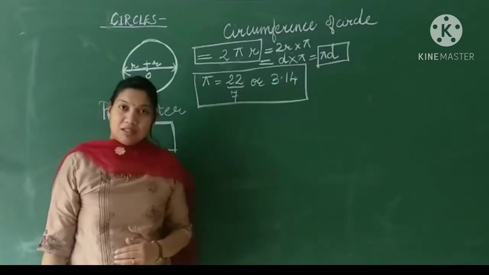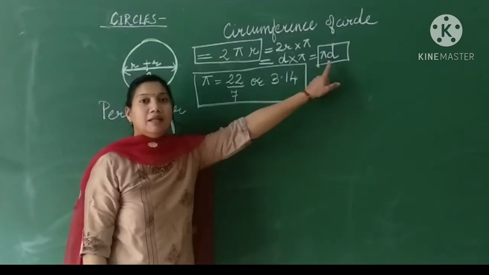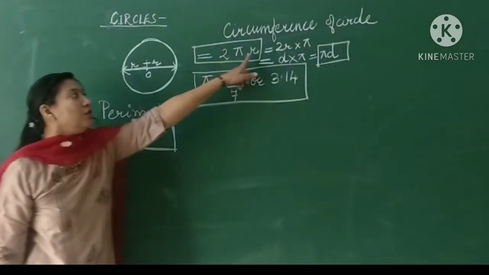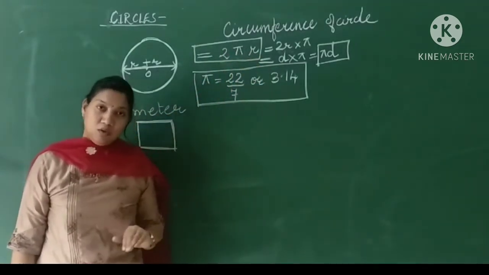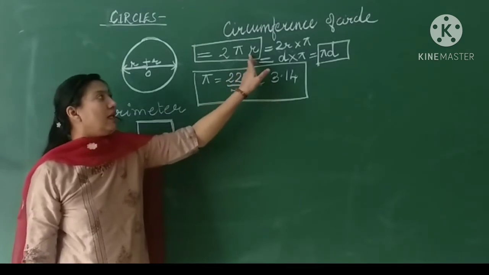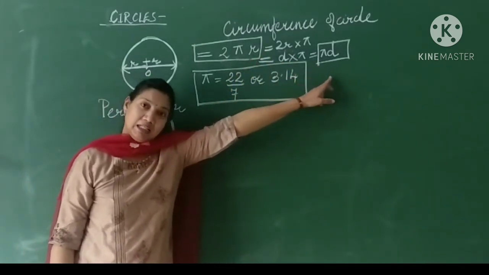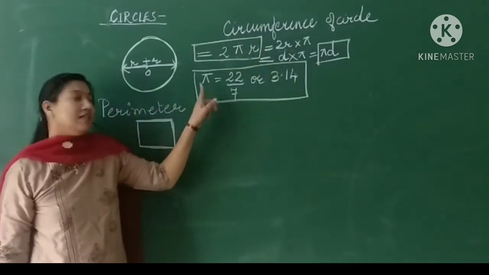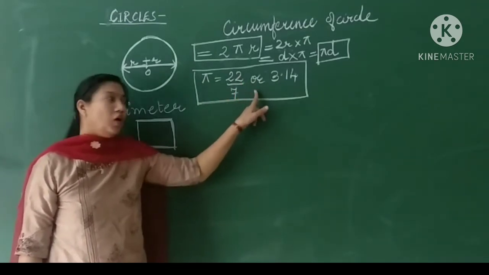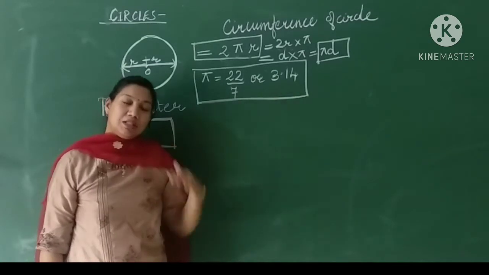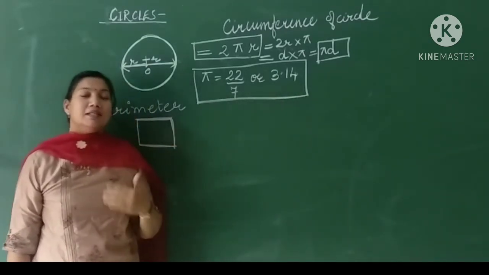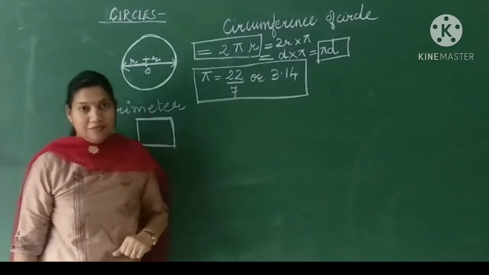If the diameter is given, you can use the formula pi d. If the radius is given, you can use the formula 2 pi r. It is one and the same thing. The value of pi is 22/7 or 3.14, any value you can take, but generally the value of pi is given in the question itself.